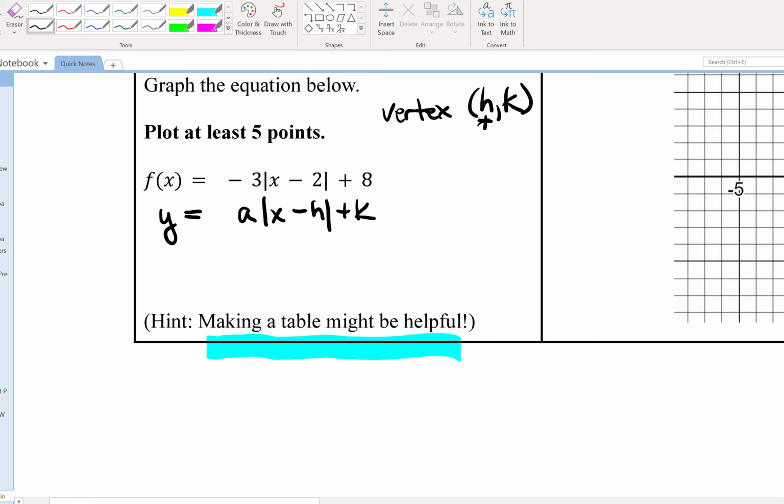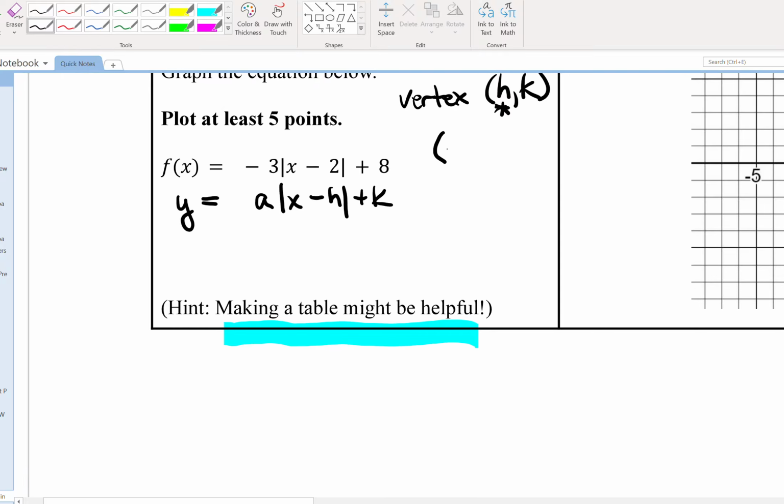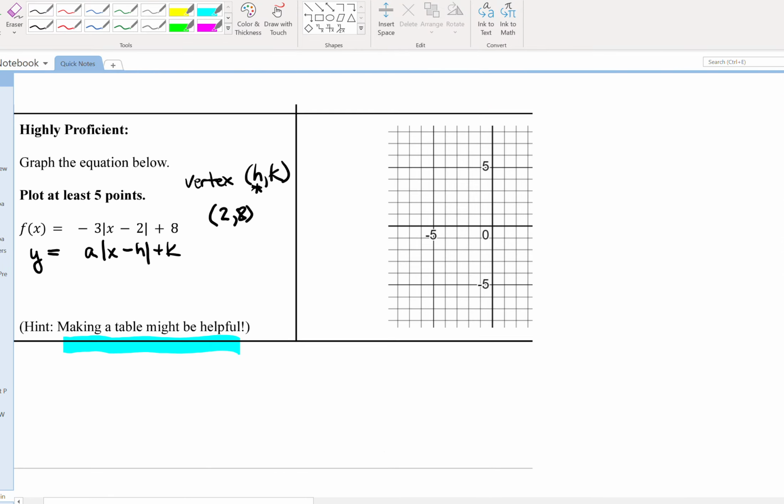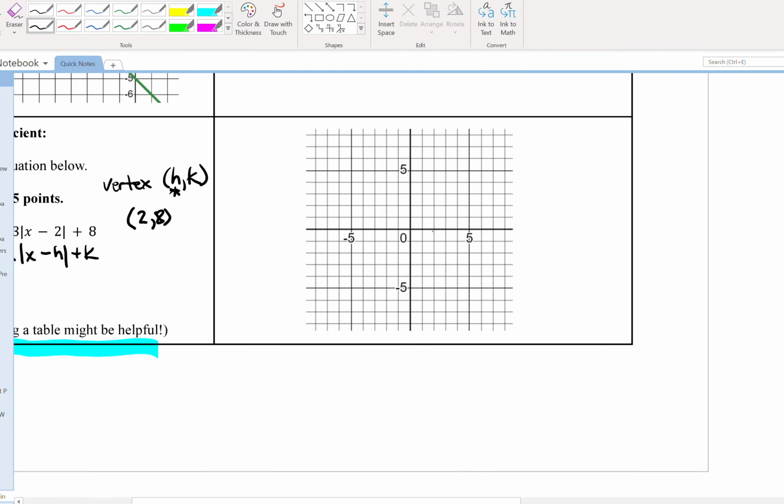I'm going to put a little asterisk by the h because, once again, it's counterintuitive. I see that -2 and I want to think that it's -2. No, it's the opposite. And so my vertex in this instance is 2, comma 8. So I go over here, 2, comma 5, 6, 7, 8. So that is my vertex.